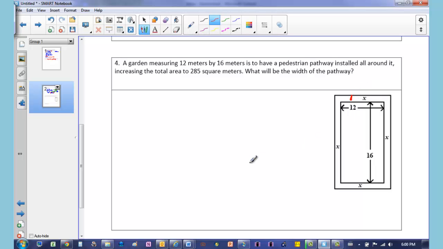What will this x value be? Well, before, area was 12 times 16 before we enlarged it. However, we have decided to put a uniform border or a uniform pathway all around it, and the width of this pathway is x all around it.